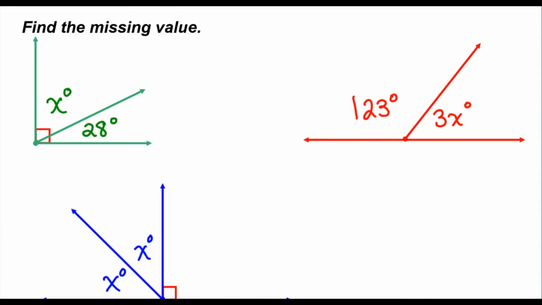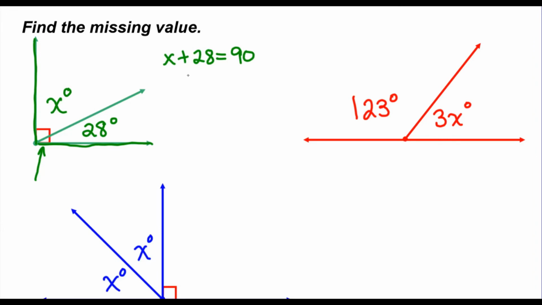If you look, you can see this little red box in the corner. That little red box means that this larger angle is 90 degrees. That means these two smaller angles inside of it must add up to 90 degrees. They are complementary. So I know that the angle that's x plus the angle that's 28 degrees add up to 90 degrees.